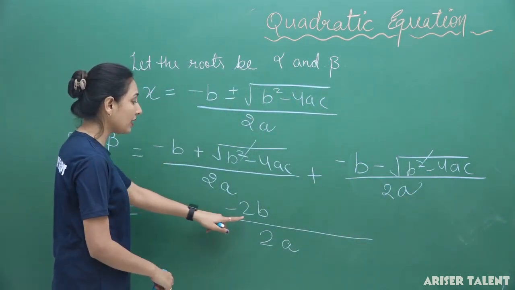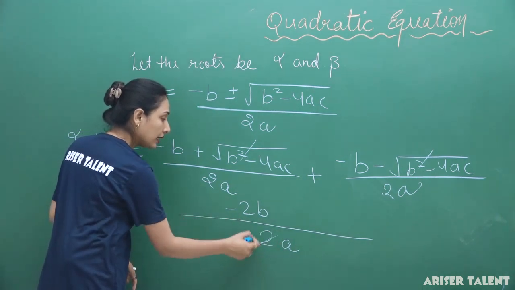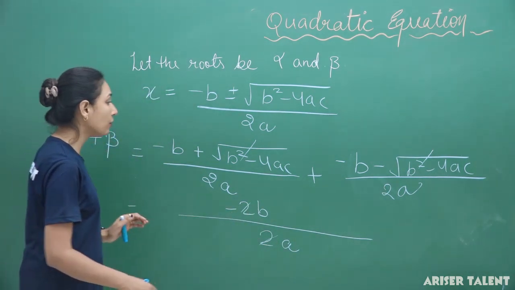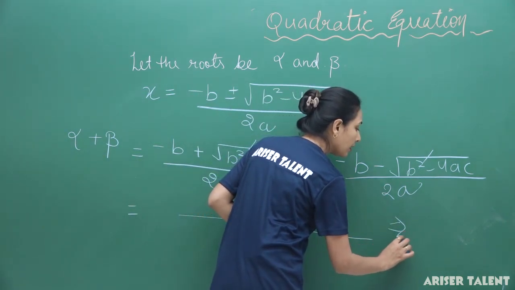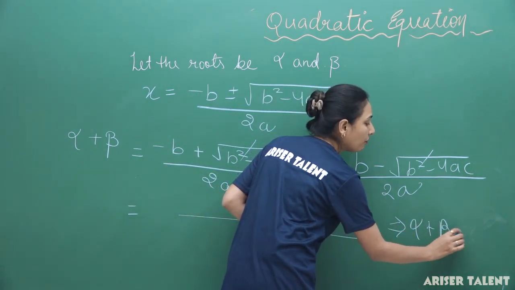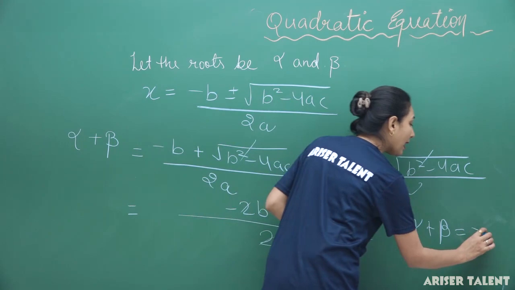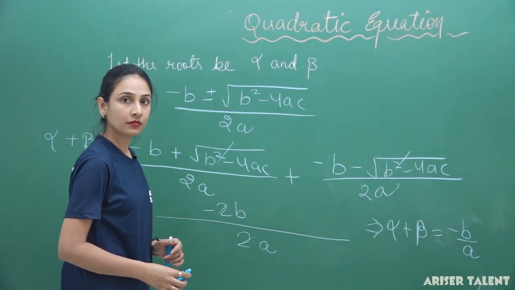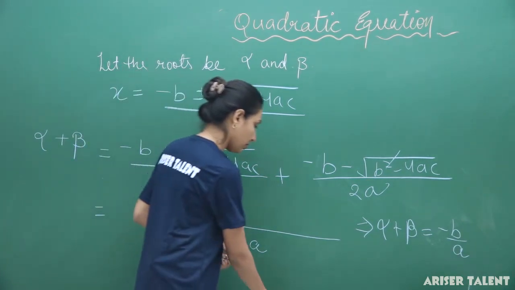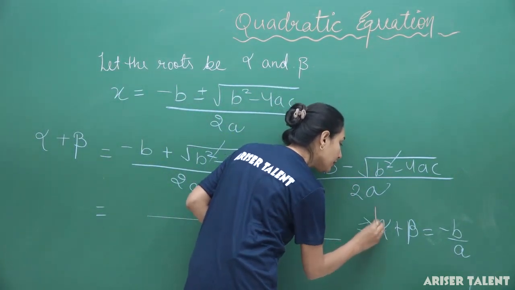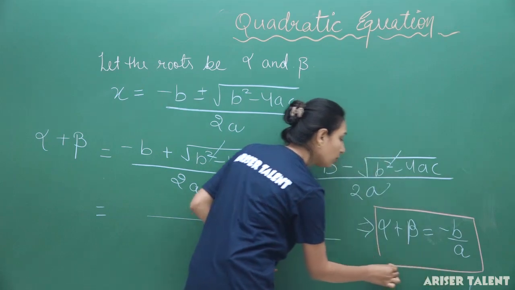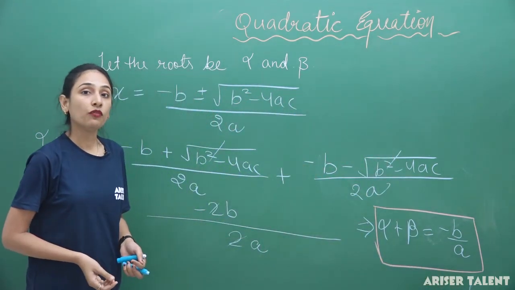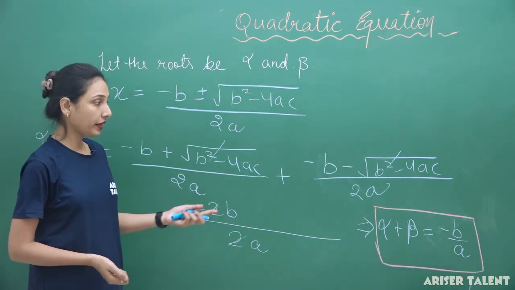So the remaining value will be only this. The 2 will be cancelled out and the value of alpha plus beta will become simply minus b by a. So this is the summation of roots, or sum of the roots, of quadratic equation.